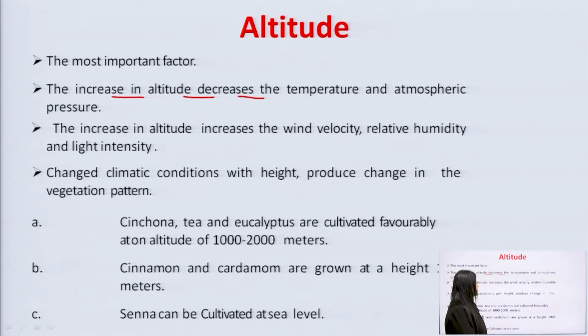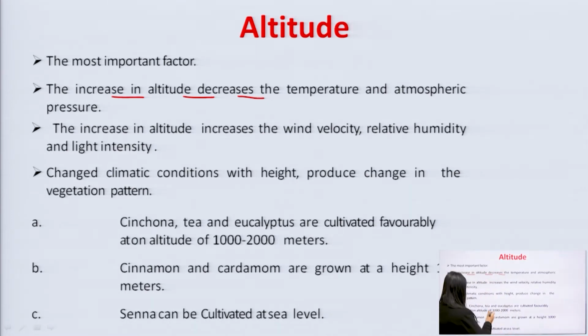The increase in altitude increases the wind velocity, relative humidity and light intensity. Changed climatic conditions with height produce change in the vegetative pattern. So, we are going to have different varieties of the same plant grown at a high height or a low height.